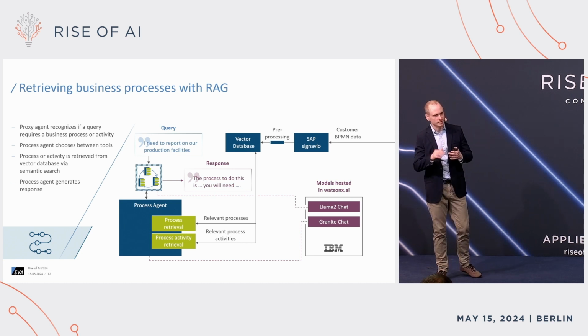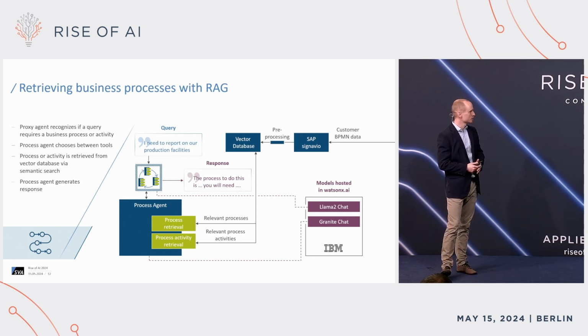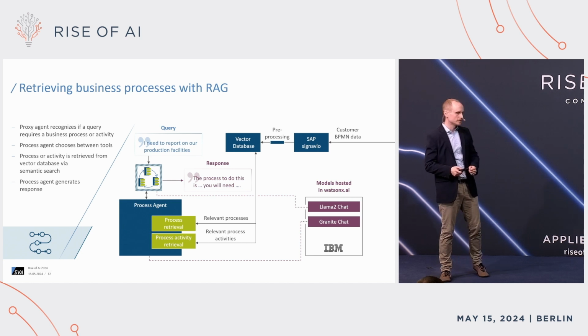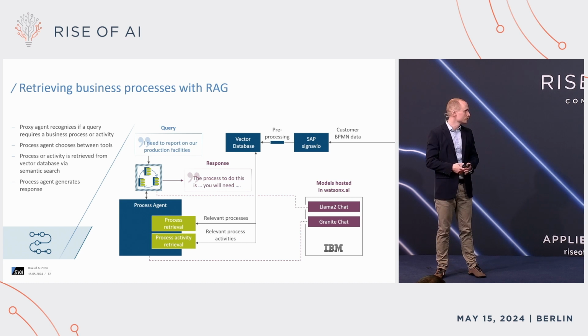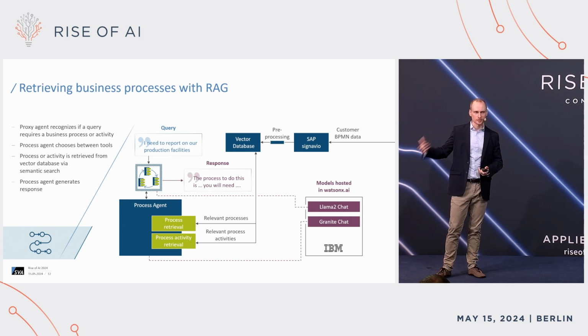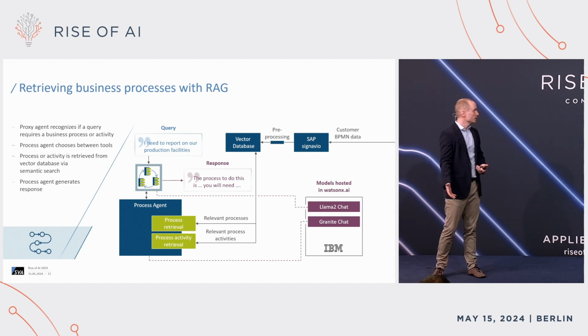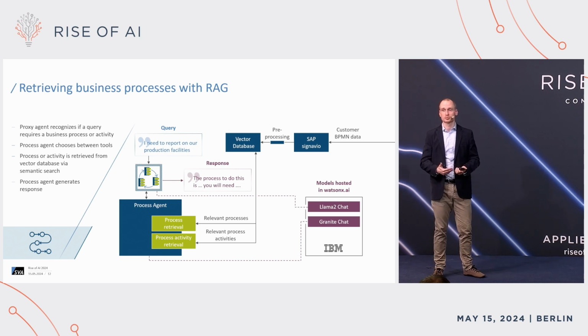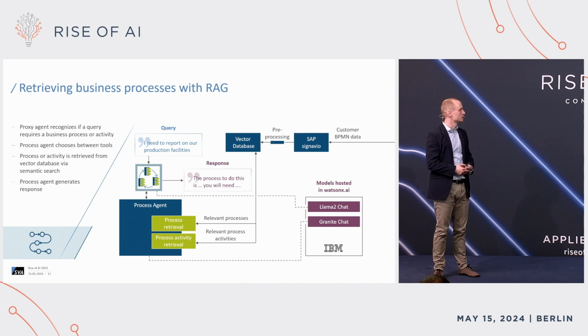And then once they decide what needs to be done, in this case it's the process agent, you call the actual functions, the green ones, and these are enforced by the agent. So you access the vector database, you can access the processes that way, and then you can get back the relevant process data and return it to the customer.